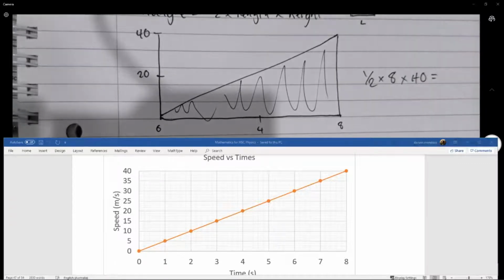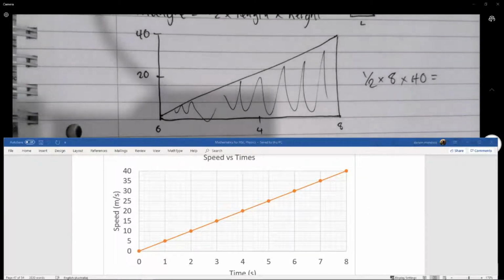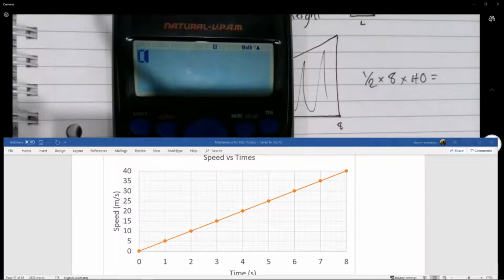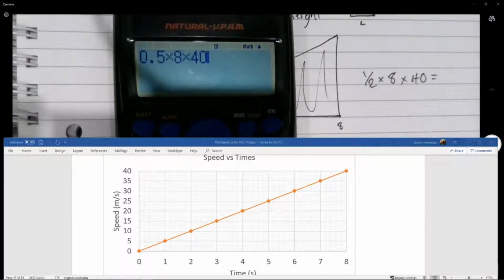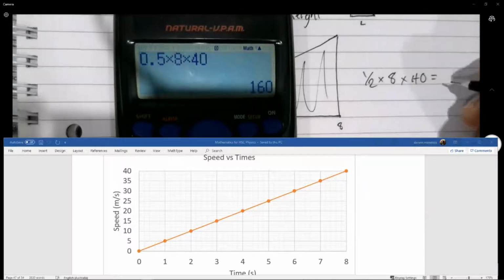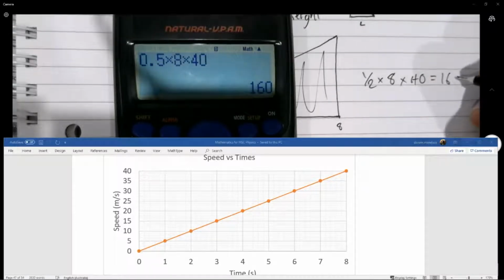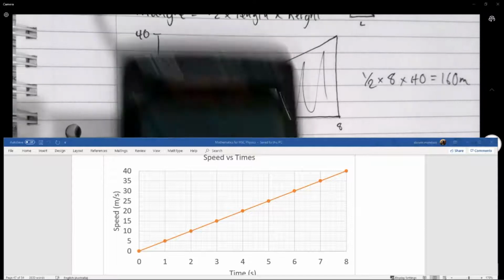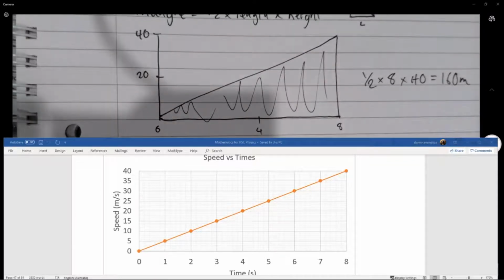What that gives us is a value of 160 meters.